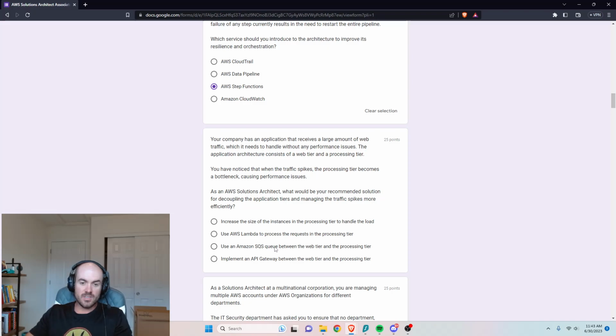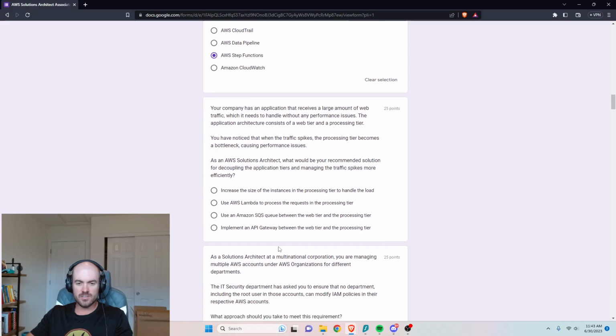Use an SQS between the web tier and the processing tier. That definitely makes sense. SQS is specifically for decoupling applications. So I'm pretty convinced that's the answer. Let's look at this last one though. Implement an API Gateway between the web tier and processing tier.